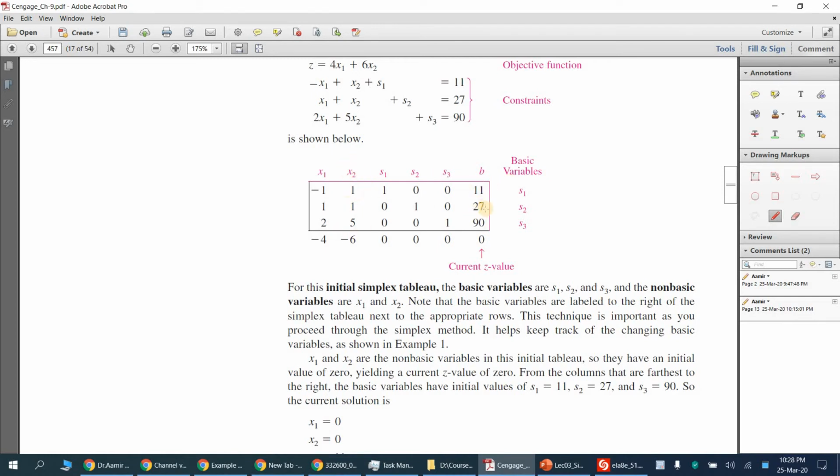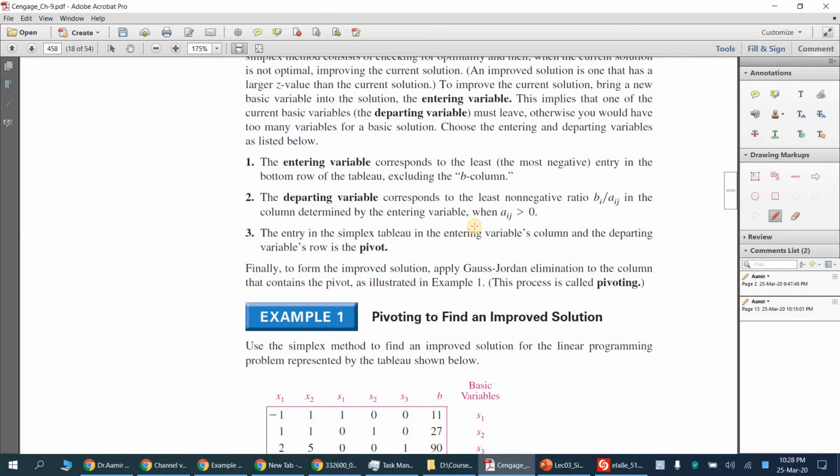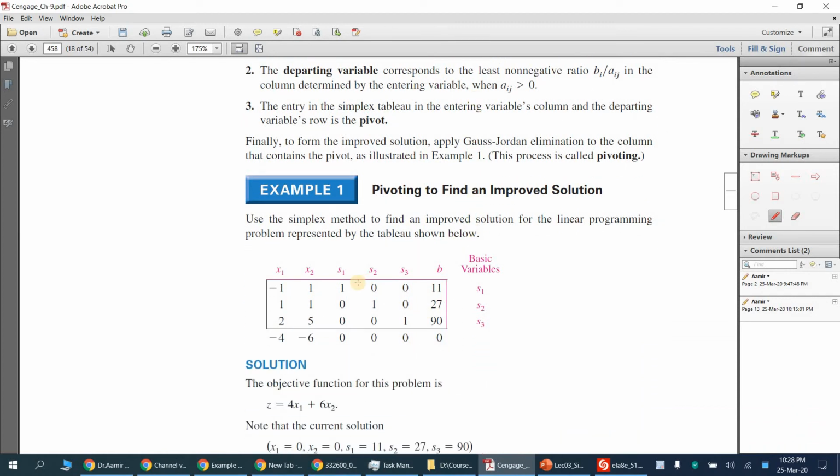So 11 over 1, 27 over 1, and 90 over 5, and you select the one that has the minimum positive value.